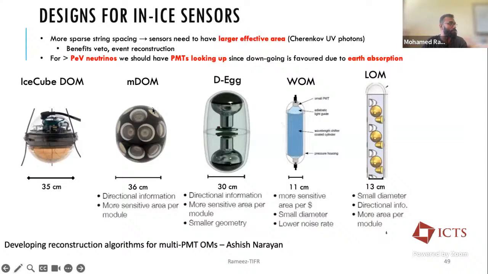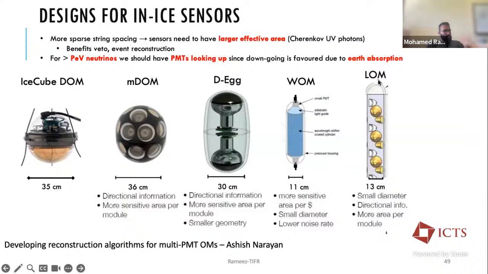mDOMs may have up to 24 PMTs per optical module, which means that we also record the arrival direction of the photon within the ice, and that may allow us to radically improve our ability to reconstruct the events. There are also proposals to have these long optical modules, which have a very small diameter and a large number of photomultiplier tubes inside.